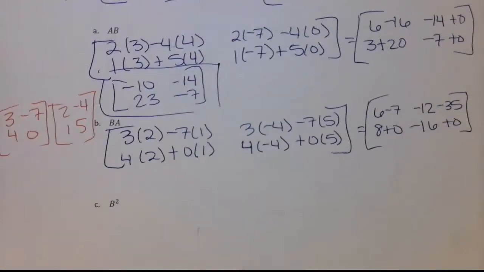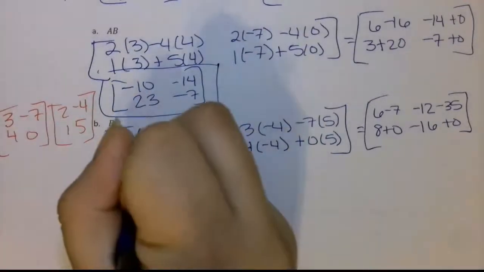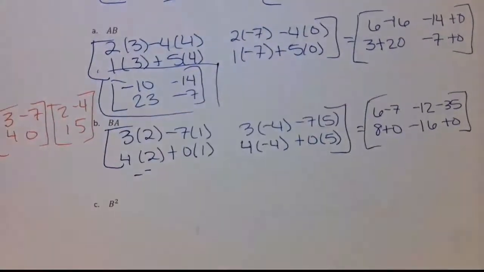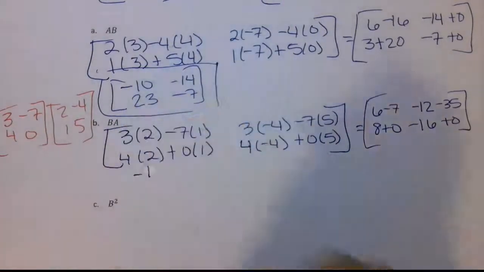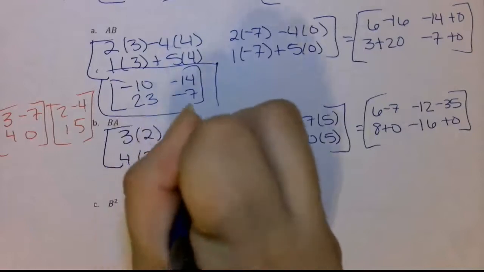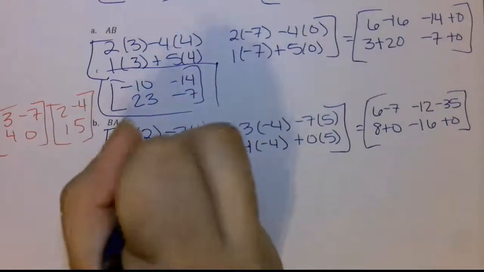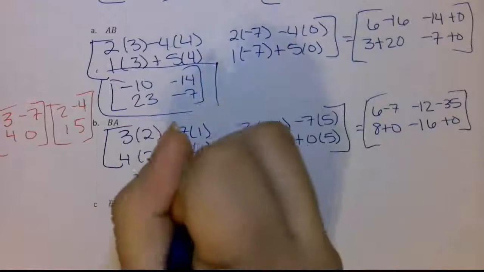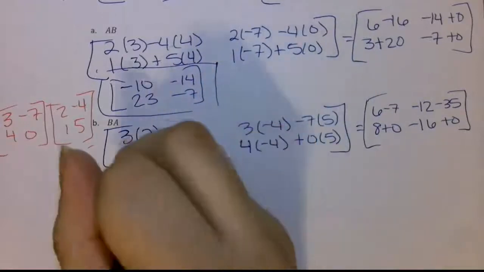Okay, then I want to combine my terms again. 6 minus 7 gives me -1. -12 minus 35 gives me -47. 8 plus 0 gives me 8. -16 plus 0 gives me -16.